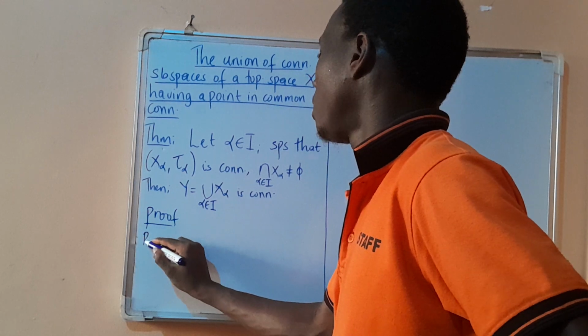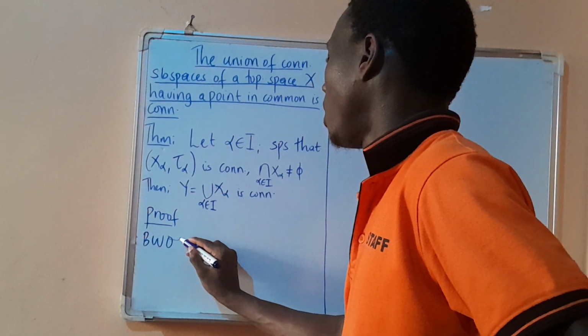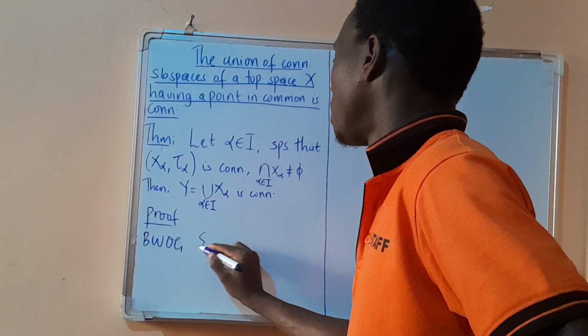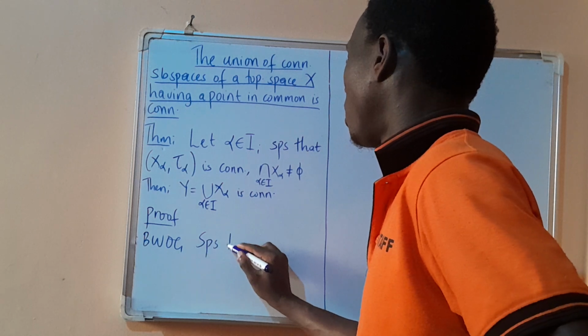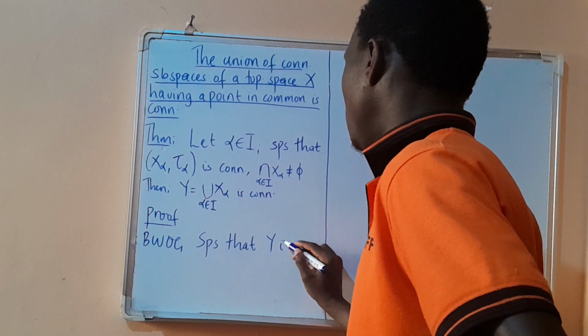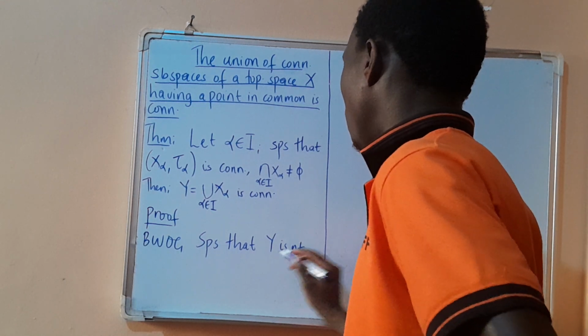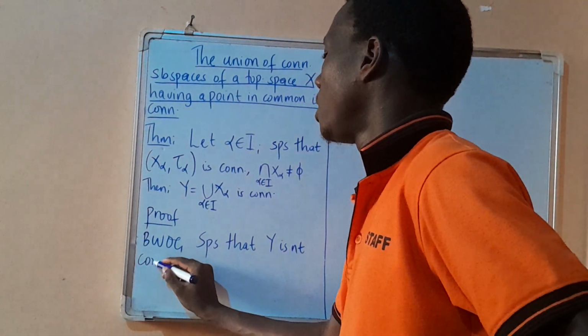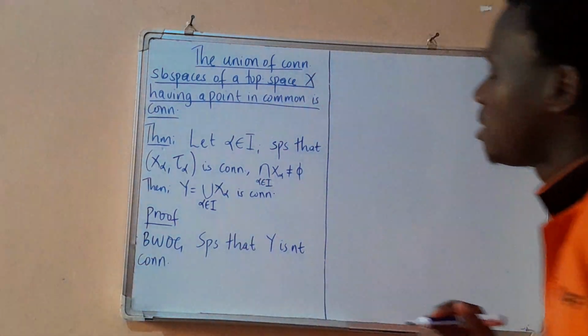By way of contradiction, suppose that Y is not connected. What does this imply?